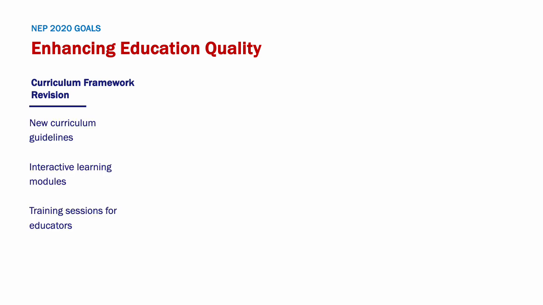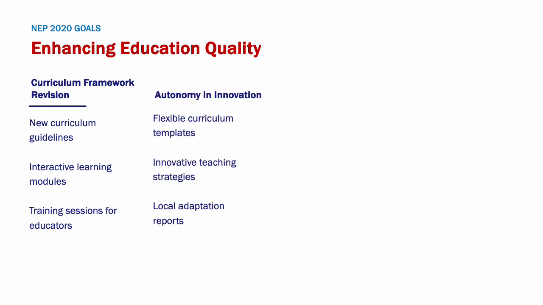Implement a new curriculum framework focusing on critical thinking, creativity, and holistic development. Replace outdated learning methods with interactive student approaches. Provide institutions and faculty with more autonomy to innovate on curriculum design, encouraging creativity and adaptability to local needs.